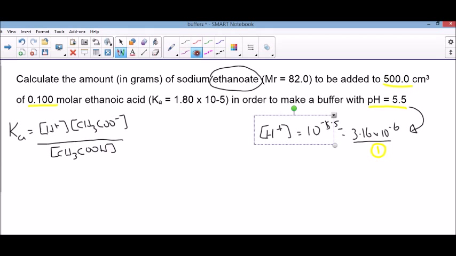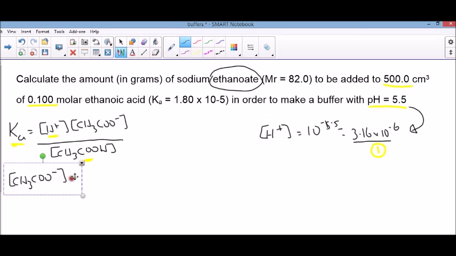And then we're going to think about things that we can fill in. So actually we've got the concentration for the ethanoic acid, we've got our H+ concentration, and we've got the Ka. So we're going to need to rearrange this to give us the ethanoate concentration. So if we look at rearranging this, we're going to get the concentration of the ethanoate ion is equal to Ka times concentration of the acid over the concentration of H+.